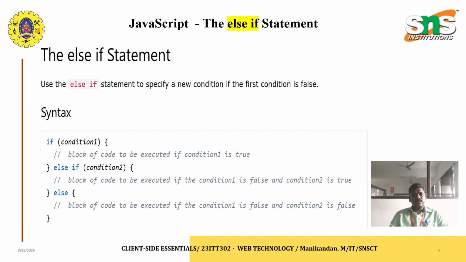If it is true, it goes to the second condition for checking. If the second condition is true, it will execute statement 2, or else it will go to the else statement and display statement 3.